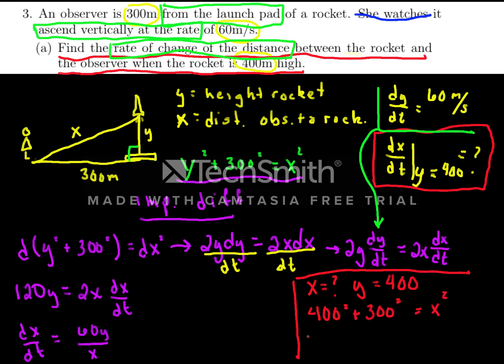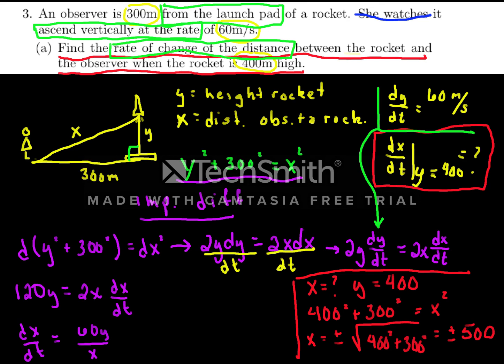So x squared, or x, is equal to plus or minus square root of 400 squared plus 300 squared, which is equal to plus or minus 500.